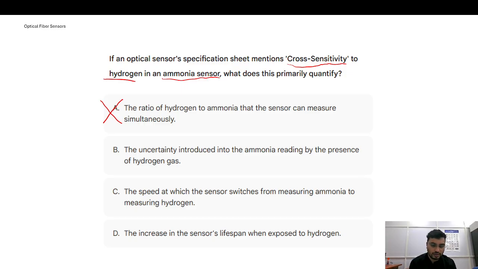Now you understood what I'm saying? Yes, sir. So what could be the answer now? Option B. Very good. Uncertainty introduced in the ammonia reading by the presence of hydrogen gas. So you made a very good sensor.